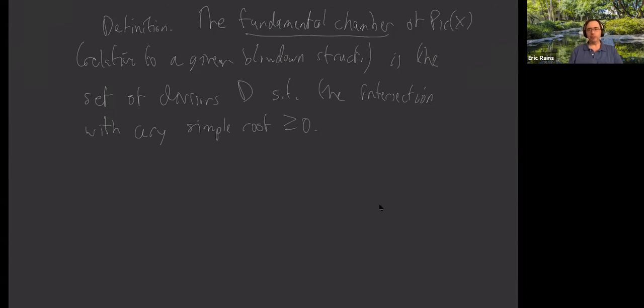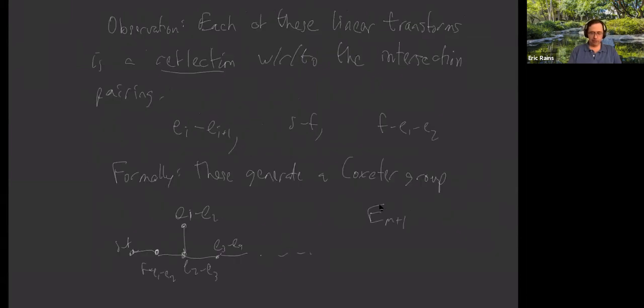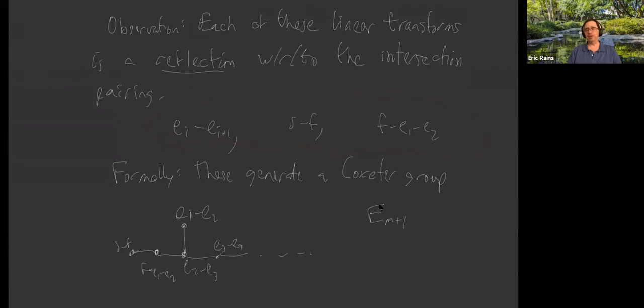If you're familiar with Coxeter groups, you'll notice that the sign is different from the usual Coxeter group convention. But that's because all of these simple roots I've written down have self-intersection -2. So if you want something closer to the standard Coxeter group theory, you should negate the intersection theory, but that's fine.